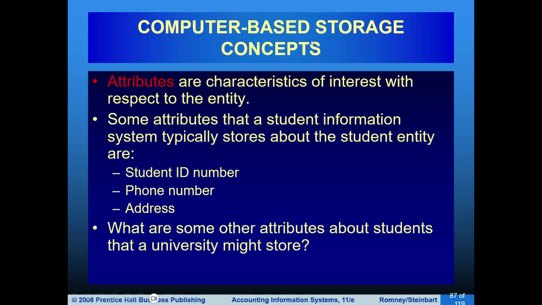Customer is an entity. Supplier is an entity. The supplier's information about address, ID number, phone number, those are attributes. Employees in your organization are an entity. Employees' personal data, etc., are attributes.